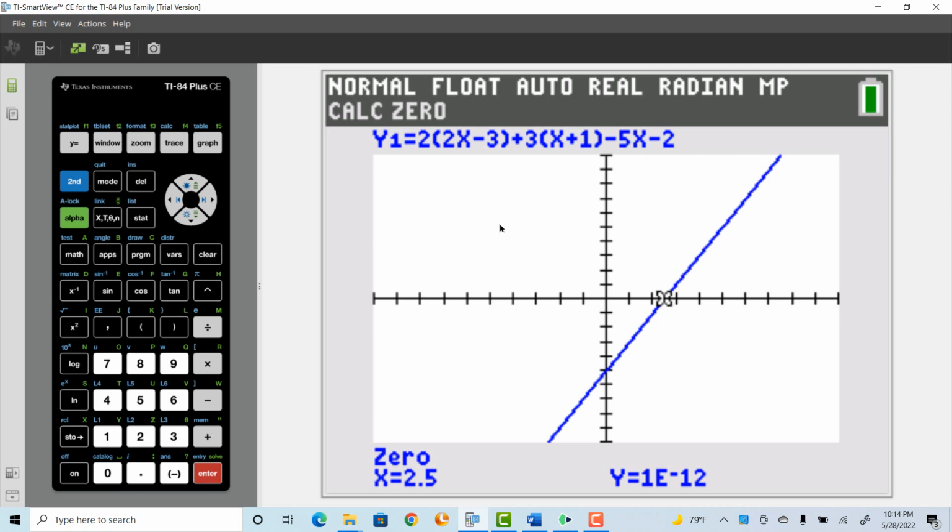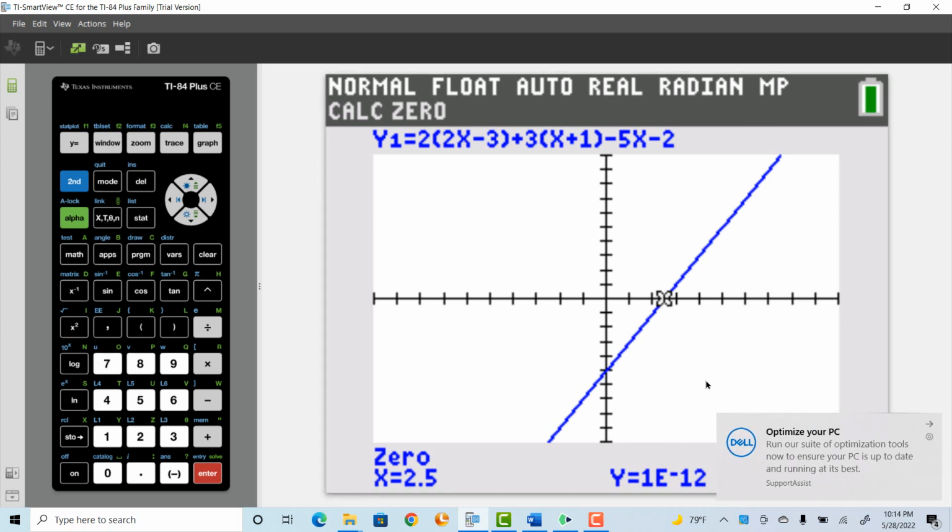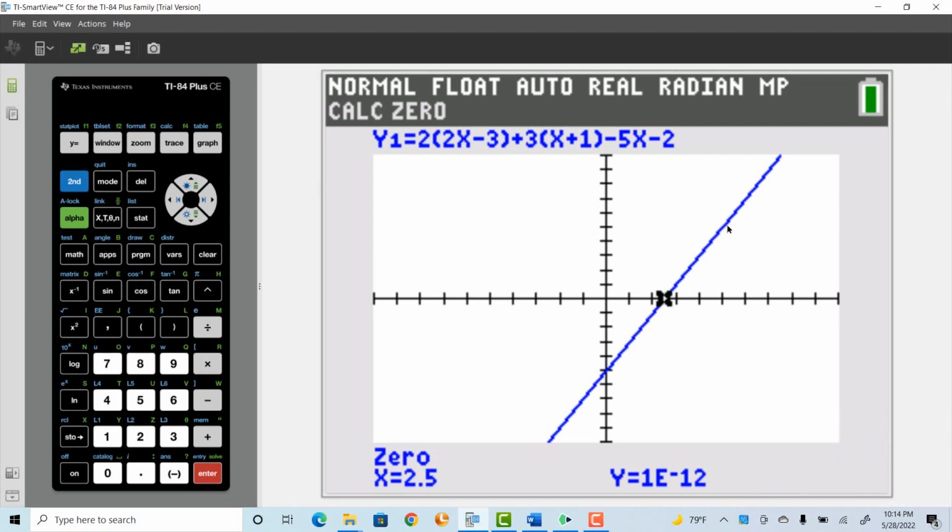In the calculator videos, I have a video on how to find the zeros or the x-intercepts. If you don't know how to do what I just did, you need to watch that video. They're all pretty short videos, but it's very, very important that you know how to do that. I do not want to spend time in class going over how to use a calculator. So you should know that.